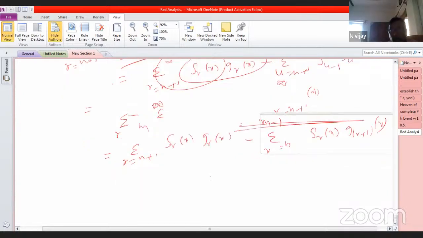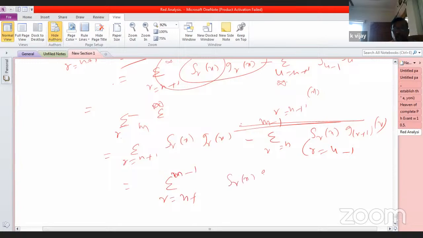Put why? Because r is equal to u minus 1. So therefore summation of r is equal to n plus 1 and m minus 1, srx grx and g of r plus 1x plus smx gmx, minus snx.